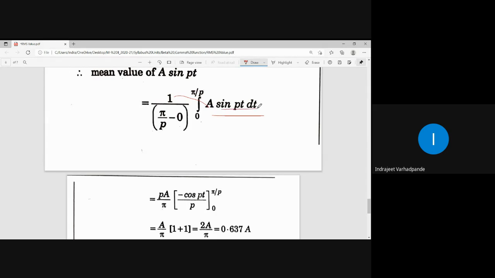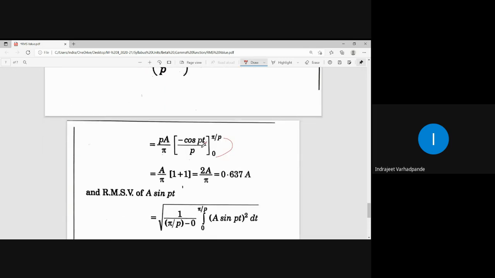Integration of sin pt is minus cos pt upon p. Range of integration is 0 to pi by p. So in place of t, I put the value pi by p. Cos pi is minus 1. Minus of minus is plus 1. Cos 0 is 1. So for the lower limit, minus of minus becomes plus. So ultimately p cancels. I am left with 2a upon pi.